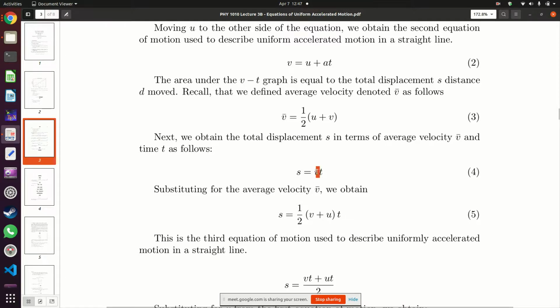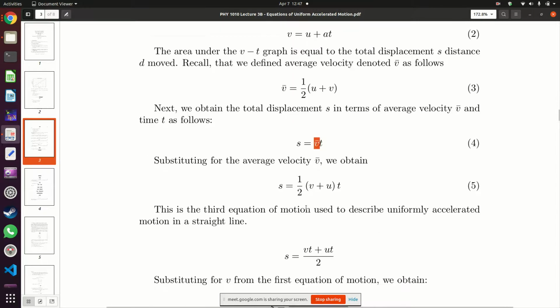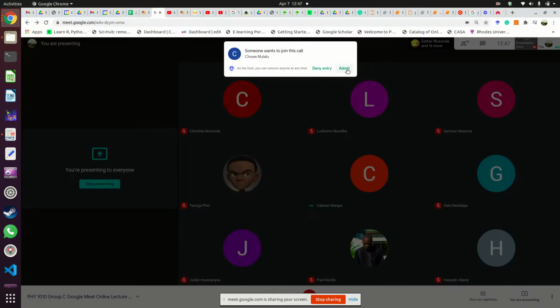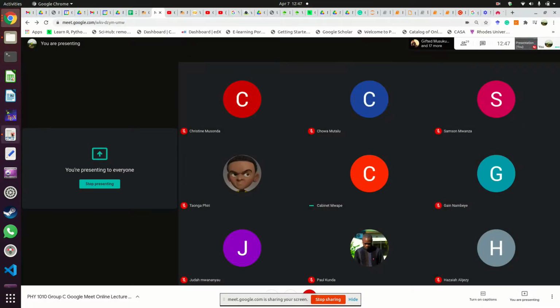Then now that we have this V bar, which has been worked out like this, we substitute it here, then we proceed. Any other question? Is there another question? Okay.